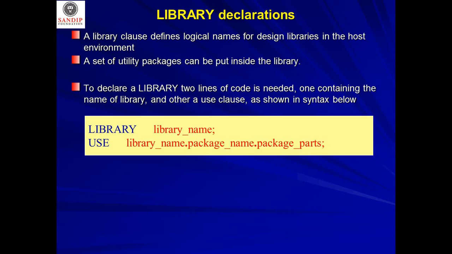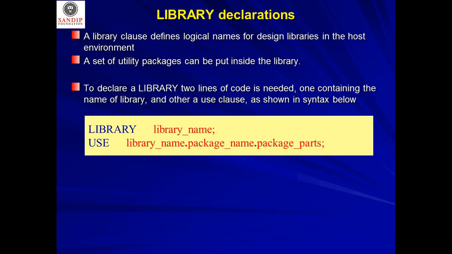After that, the name of the library, that is library underscore name semicolon. After that, write the use clause: use library underscore name dot package underscore name dot package underscore parts. In this way we can declare any library.